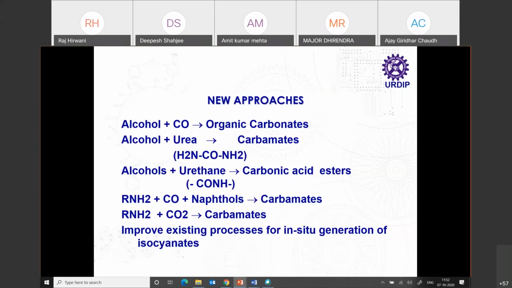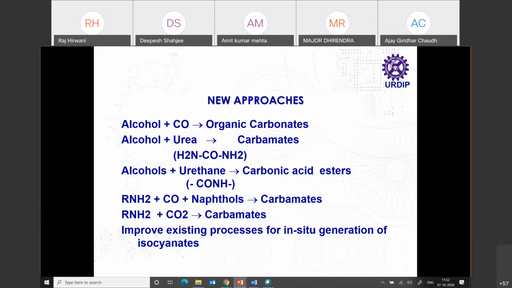People started asking a fundamental question. Why did the accident happen? Water entered into the isocyanate tank. The next question is, do you store isocyanate? Deep thought. Answer is no. In an alternate process, as isocyanate is formed, it is consumed in the next step.